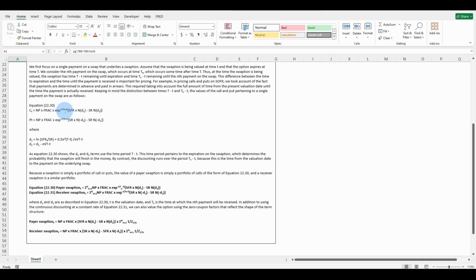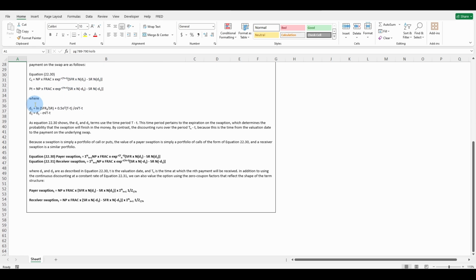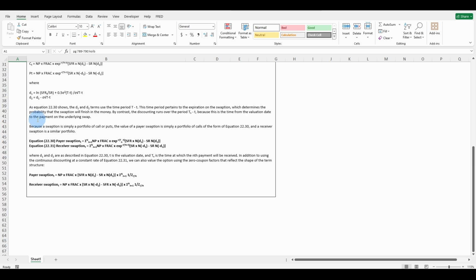And this is our discounting of our SOFR and our d1 and d2. And the same, we're just going to exchange in order to do the put. And then we have our normal d1, d2. As the equation shows, the d1 and d2 terms use the time period T minus t.